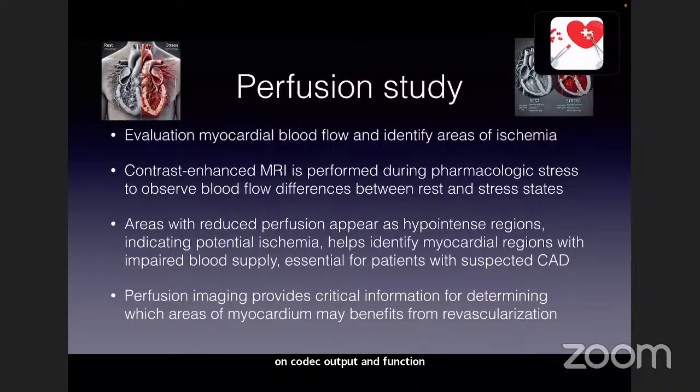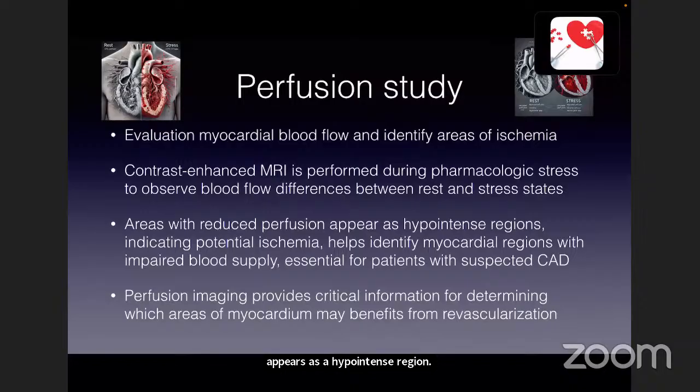Perfusion study: evaluation of myocardial blood flow and identification of areas of ischemia. Contrast-enhanced MRI is performed during pharmacologic stress to observe blood flow differences between rest and stress states. Areas with reduced perfusion appear as a hypointense region, indicating potential ischemia.